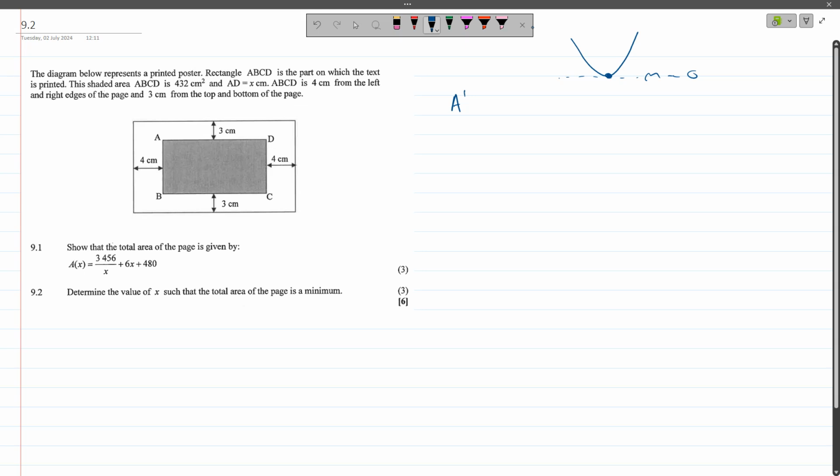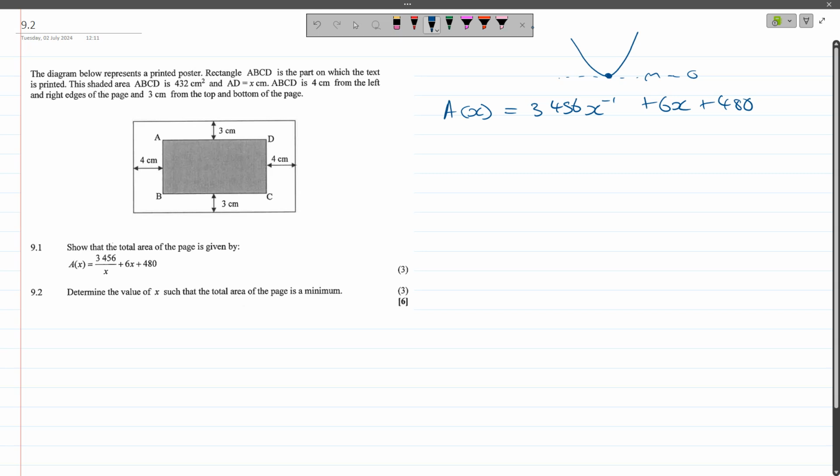So what we're going to look for is the first derivative of this function. And before we do that, we need to write it in such a way that we can get the derivative. So 3456x to the power of minus 1 plus 6x plus 480.